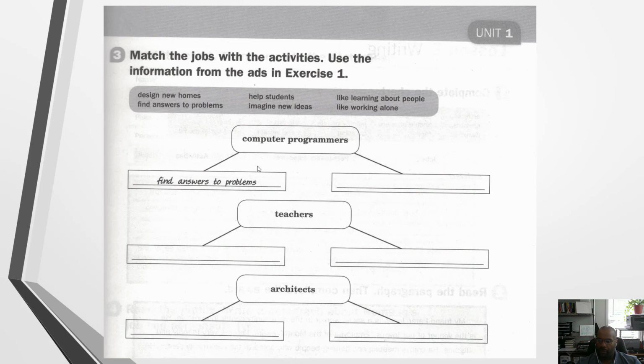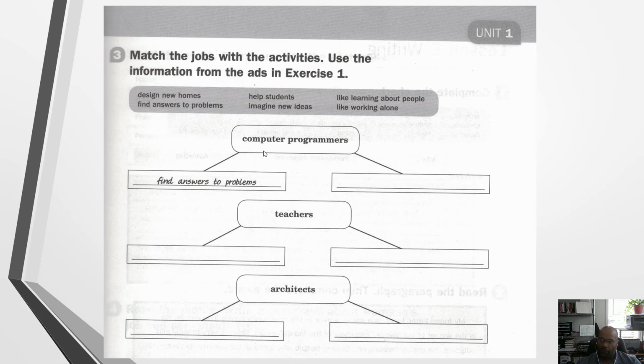Okay, so I filled these out as best as I could based on what we read here. Alright, and yours might be a little different from mine because some of these kind of overlap, but that's okay. I think if we get as close as possible, I think we'll be okay.